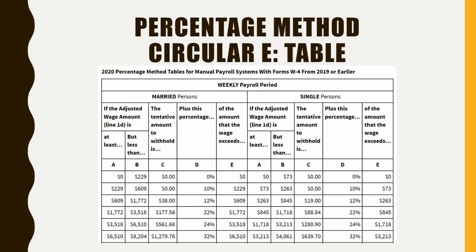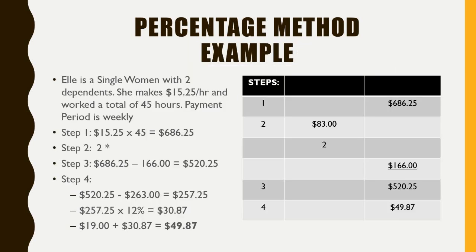Okay? So, now that I see this table here and I know that I belong in $19 at 12% for $263, this is where I'm going to go ahead and start calculating my federal income tax withholdings. So I'm going to take my $520.25. I'm going to subtract the amount that the government's just going to let me keep. All right, so with that, I should get a total of $257.25. This is going to be in excess.